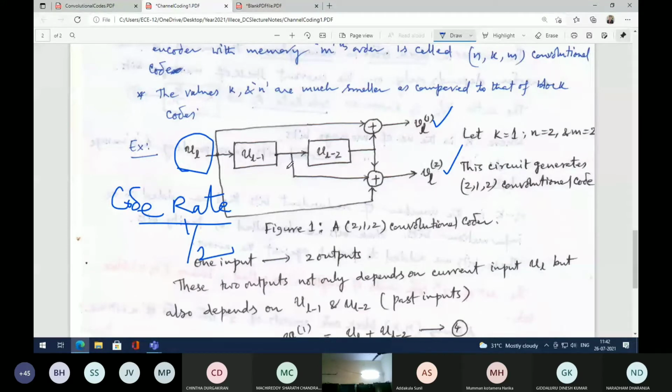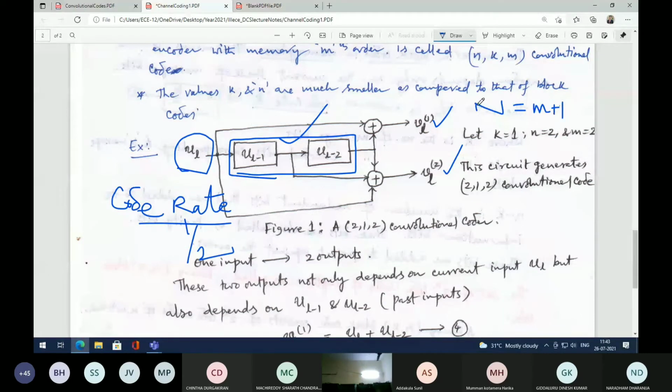And how many shift registers are there here? 2, sir. So the memory will be 2, and the constraint length is the number of shift registers plus 1, that is small m plus 1.